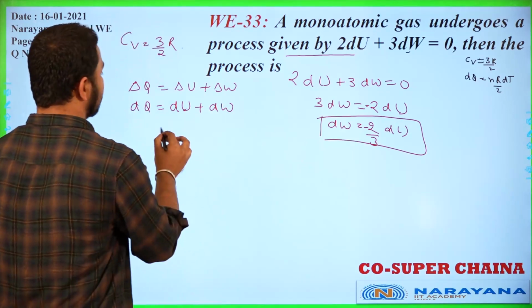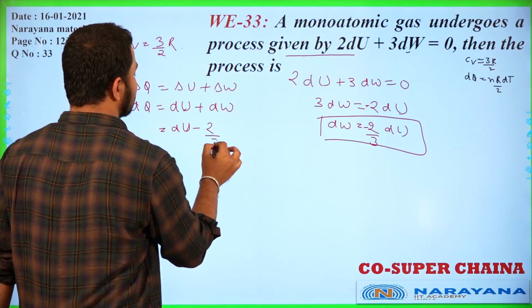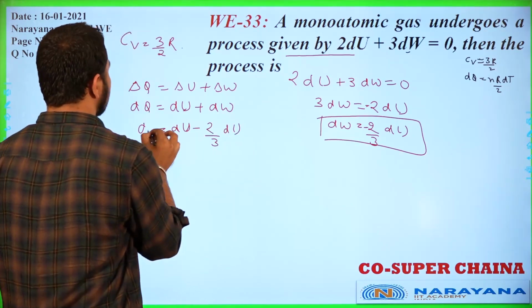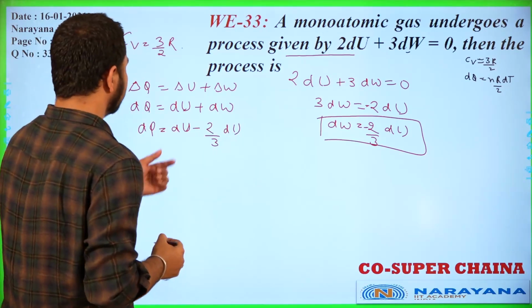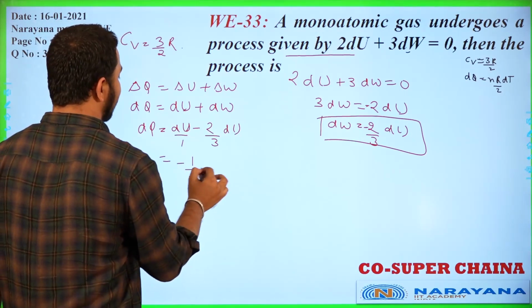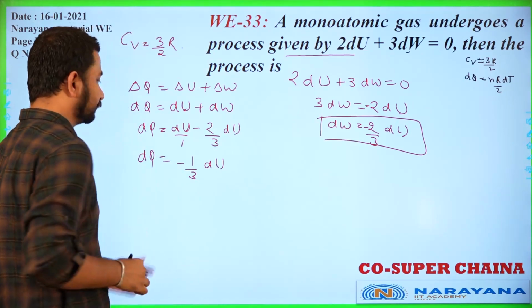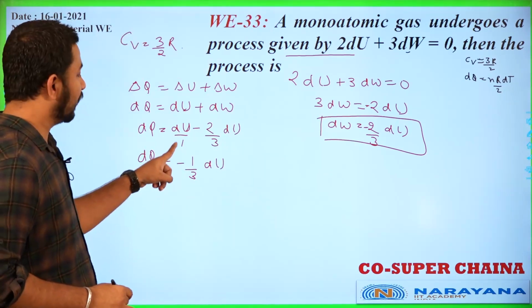Just substitute the du value here, so minus 2 by 3 du. This is the dq we are getting. If we simplify this, we get minus 1 by 3 du. This is our dq. We have just substituted the values here.